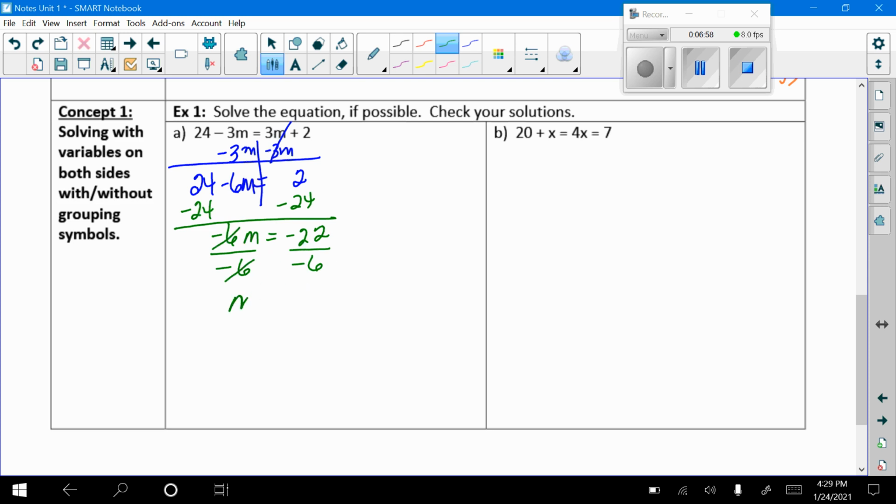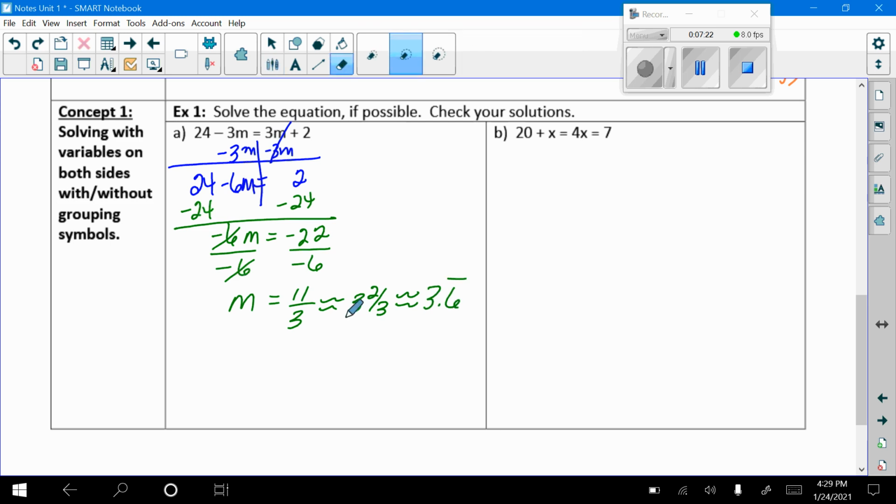So I'm left with m equals, negative negative is a positive, 22 divided by 6. I could reduce that to 11 over 3, which is also approximately 3 2/3, which is approximately 3.6 repeating. So actually this would be an equal. That's an exact value. And then it's approximately 3.6 repeating.